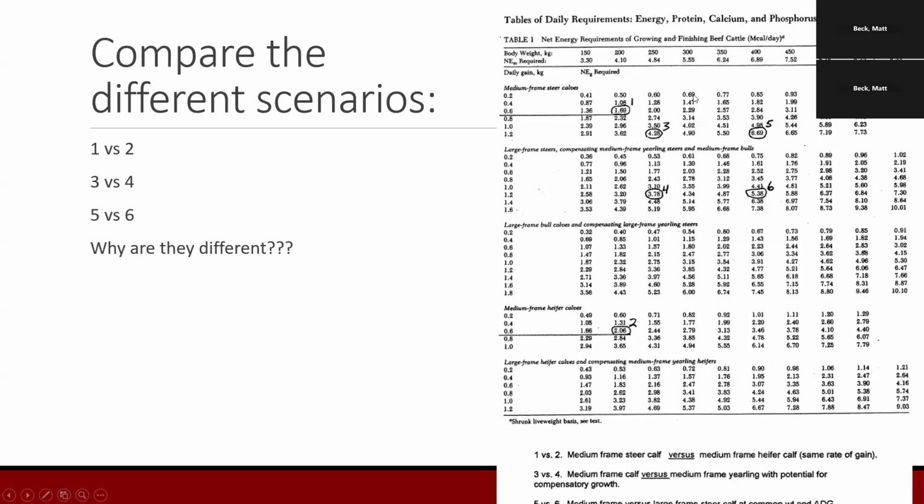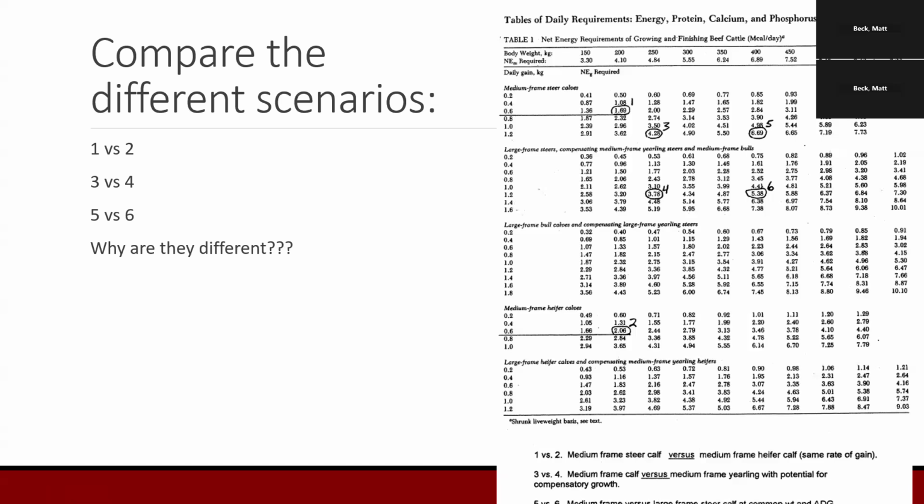Okay, 3 versus 4: a 250 kilogram medium frame steer gaining 1.2 kilograms a day needs 4.28 megacals of NEG, compared to a large frame steer gaining the same amount, 1.2 kilograms per day, which needs 3.78.